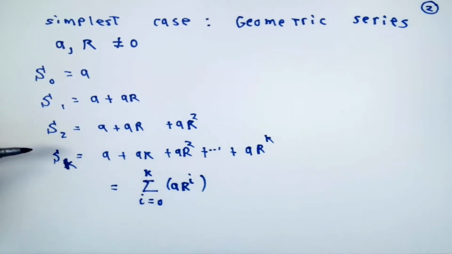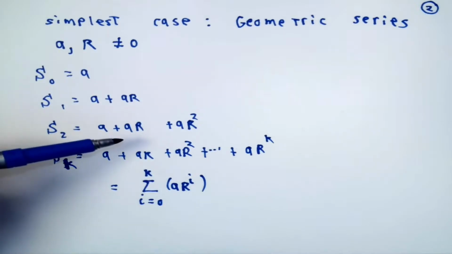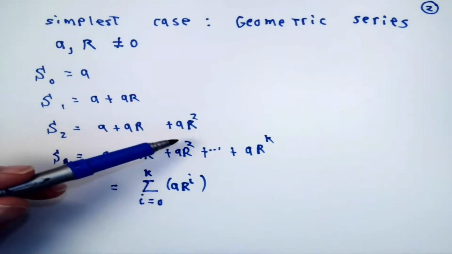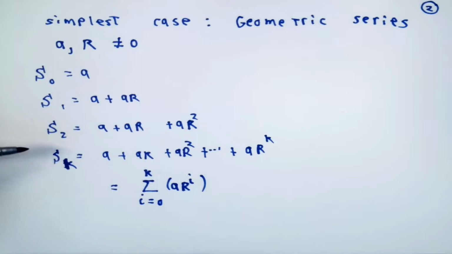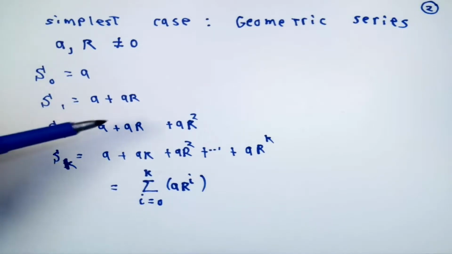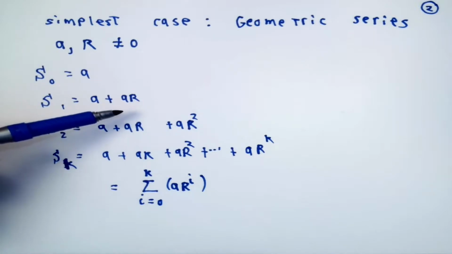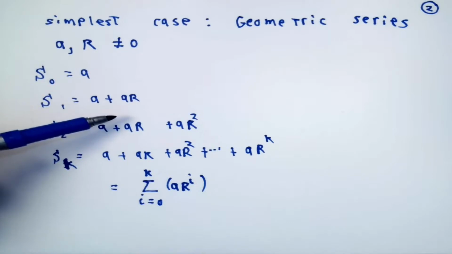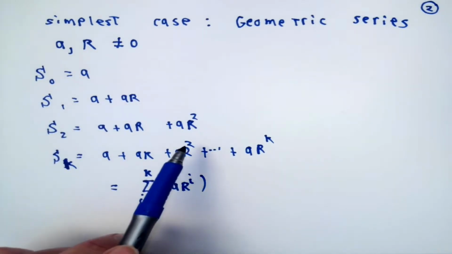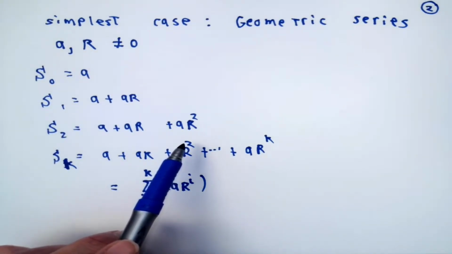S number 2 is going to be A plus A times R plus A times R squared. S number 2 is the same as S number 1, except I take the last term in S number 1, multiply it by R to get A times R squared, and then include that as well.